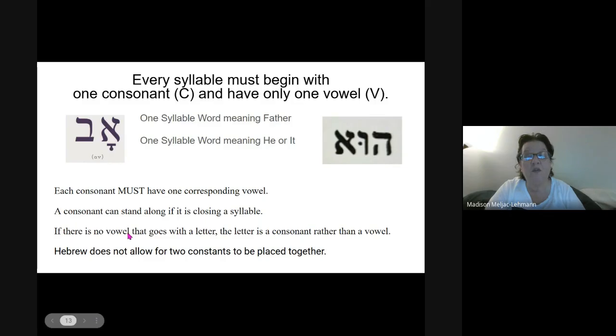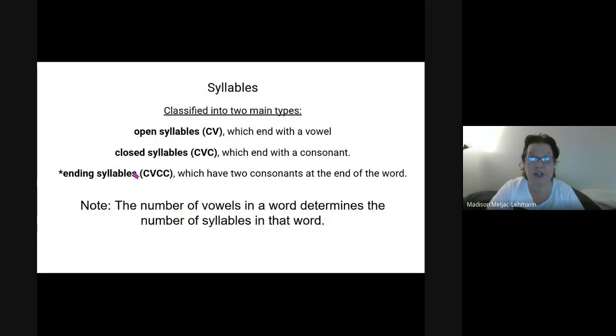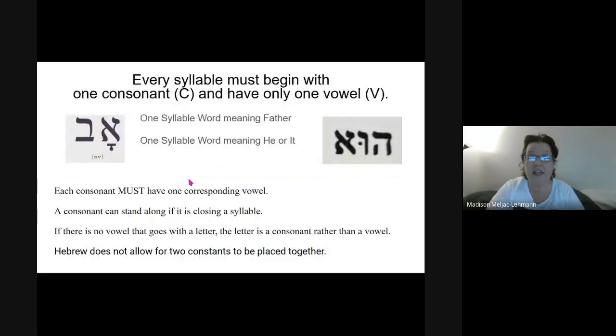If there is no vowel that goes with a letter, the letter is a consonant rather than a vowel. So here we go. There is no vowel that goes with the letter, so it's a consonant. This one too, the hey in the beginning, there is no vowel that goes with it, so it's a consonant. And Hebrew, with the exception of that one exception at the very end, does not allow for two consonants to be placed together. Doesn't happen.